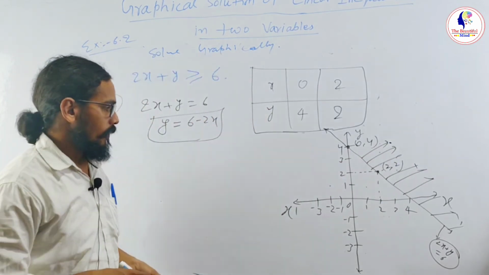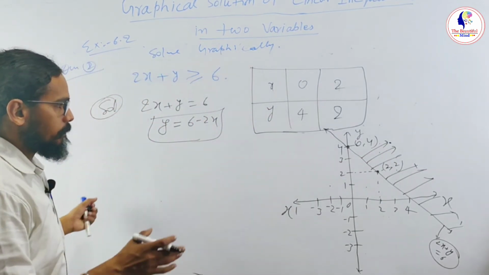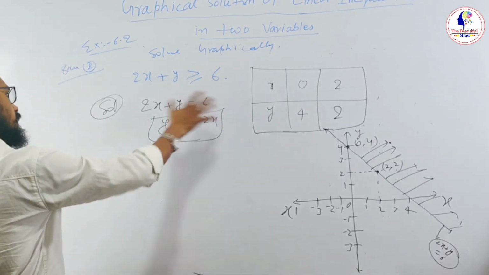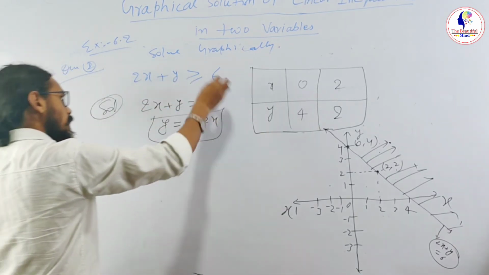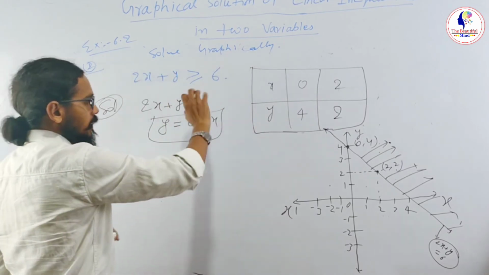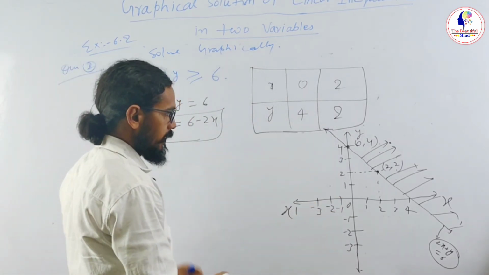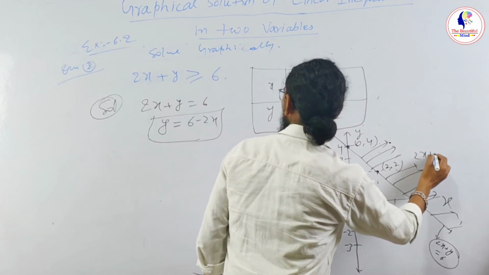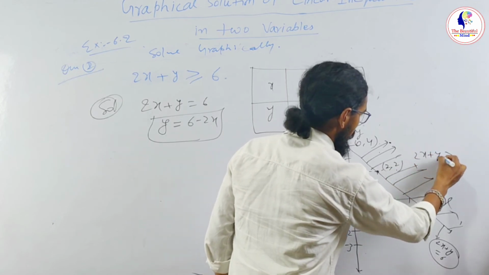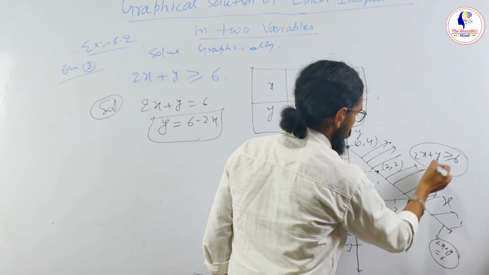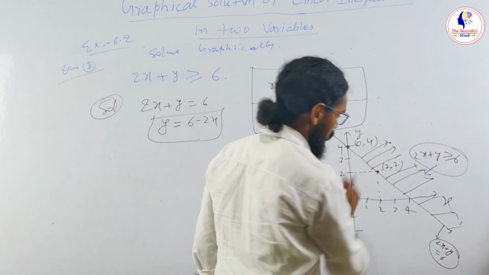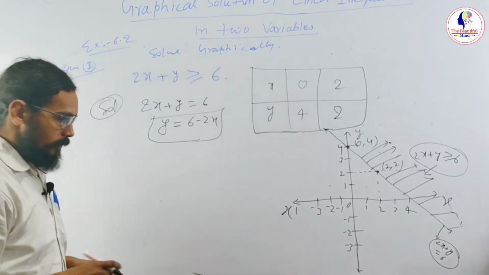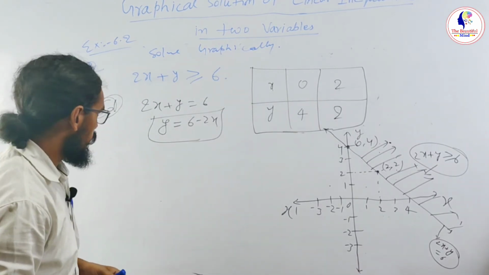So this is the graphical representation solution of linear inequalities. अगर हमें ये सब नहीं करना हो और ग्राफ दे रखा हो और ये इनइक्वालिटीज इसमें गिवन है, then we can simply write here 2x plus y greater than or equal to 6. ये जो है इस पॉइंट में लाई करेगा.